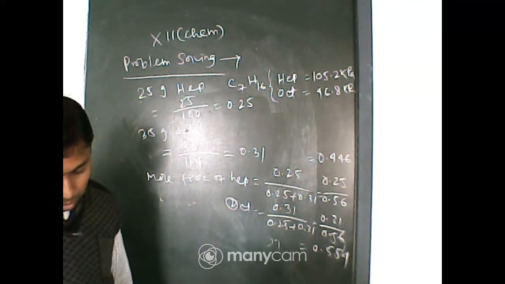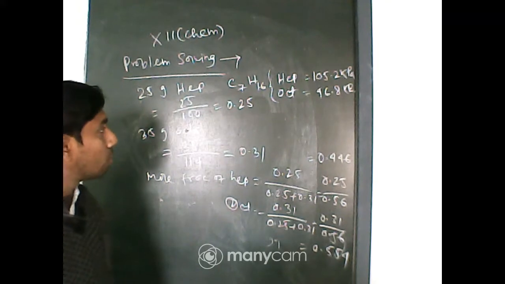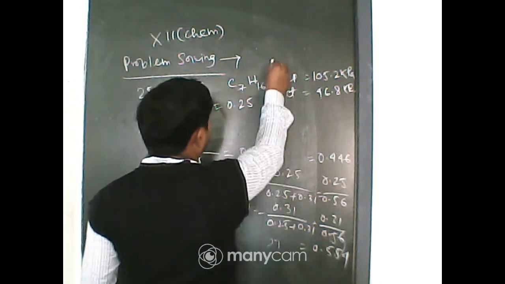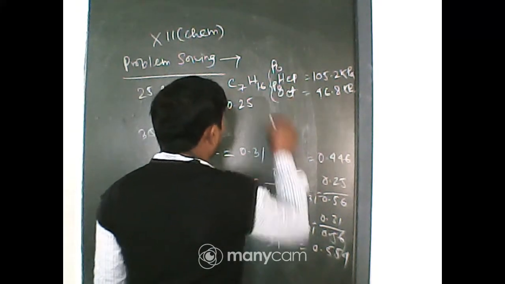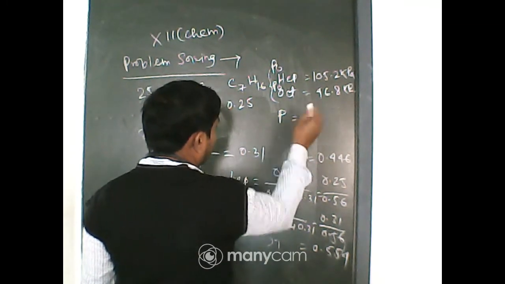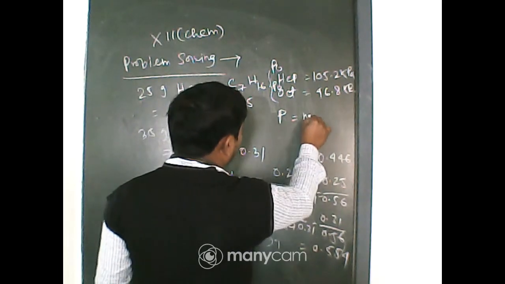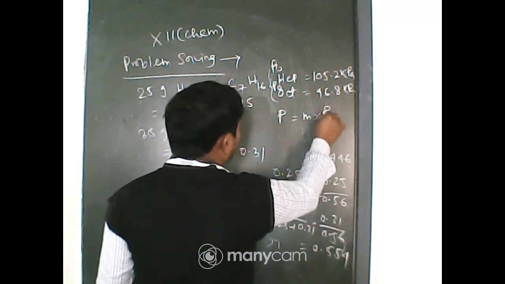Now move to the next one. The vapor pressure of pure heptane is given, that is P0, this is the P0 of heptane, and this is the P0 of octane. So pressure in the mixture is the mole fraction into the pure vapor pressure P0.